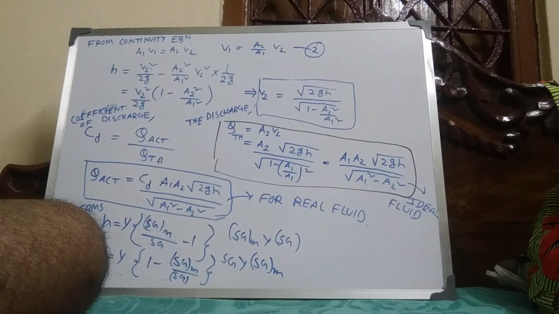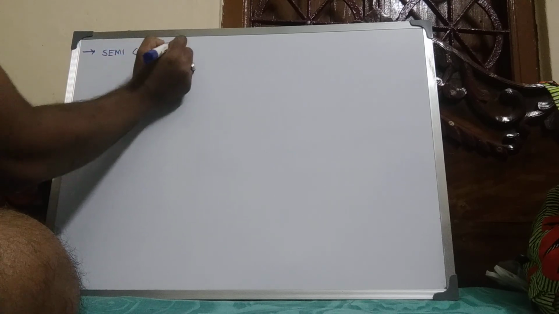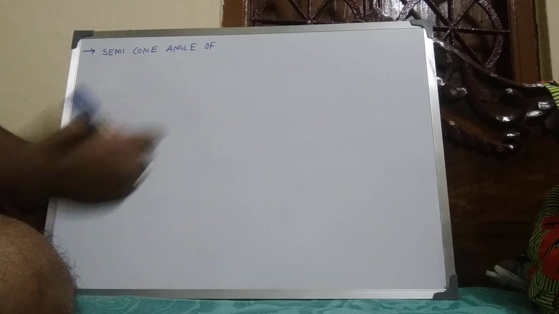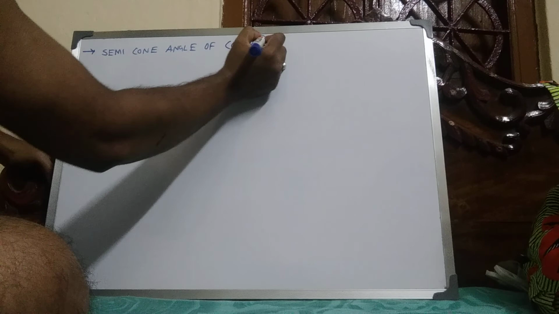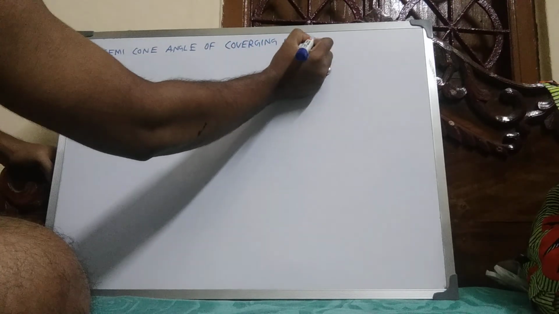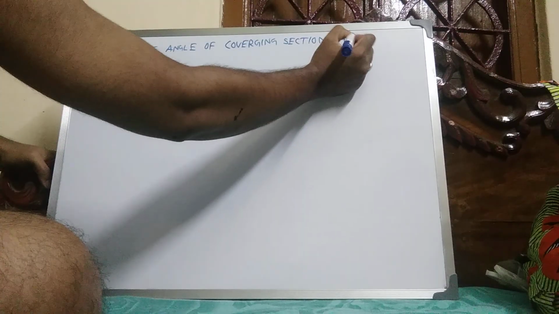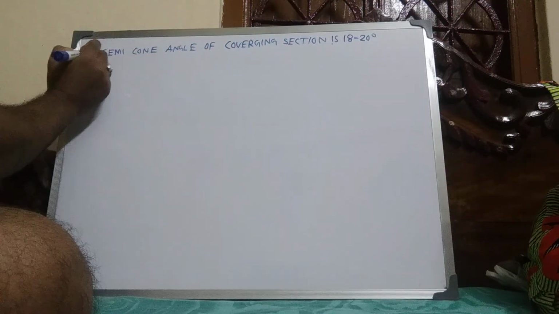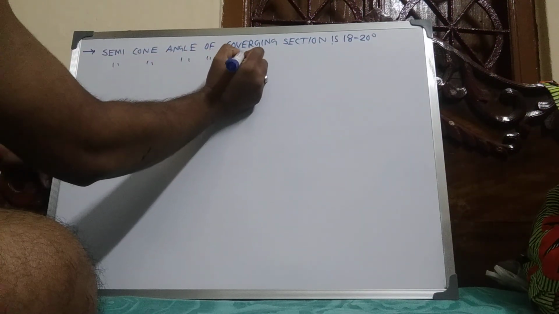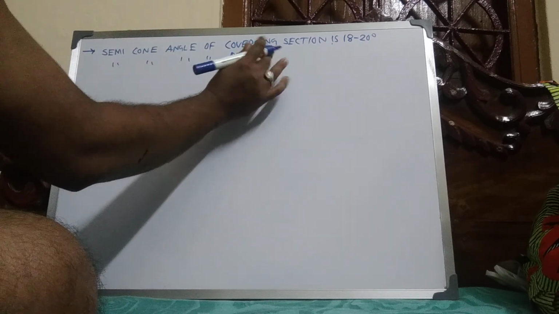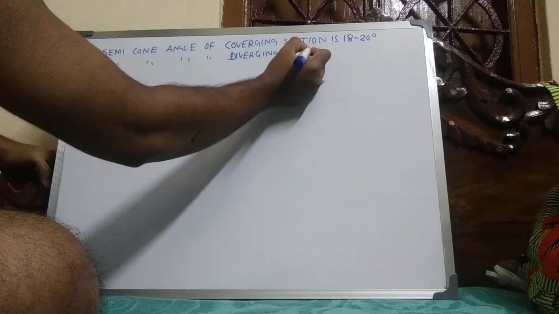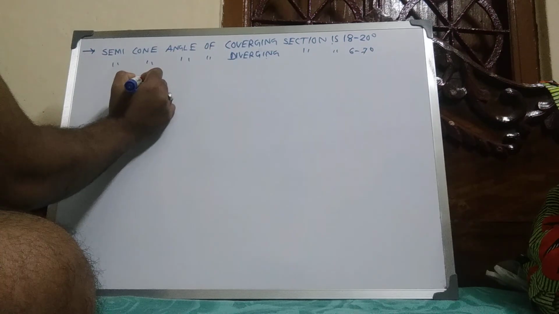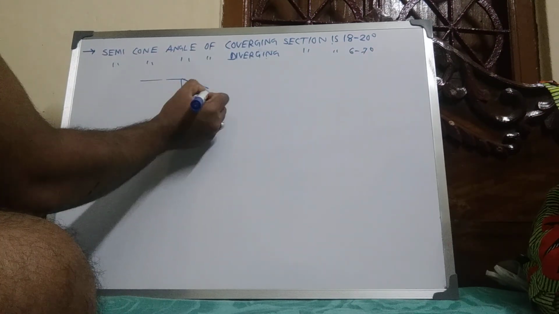Now note down some points. The semi cone angle of the converging section is 18 to 20 degrees, and the semi angle of the diverging section is 6 to 7 degrees.